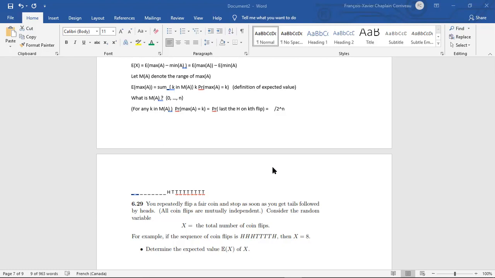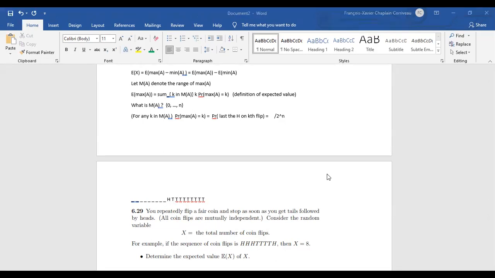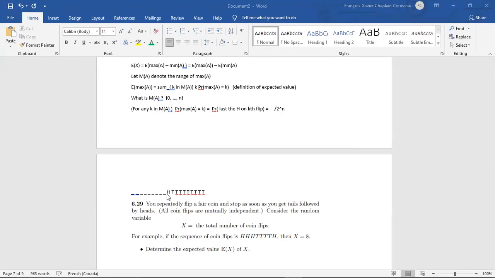Yeah, so we're pretty much getting there. Here, this is position k. Well, almost there. Is it n minus k or is it something different? How many flips are there in here?